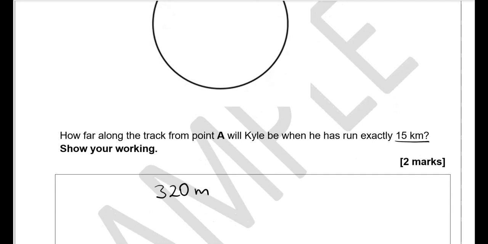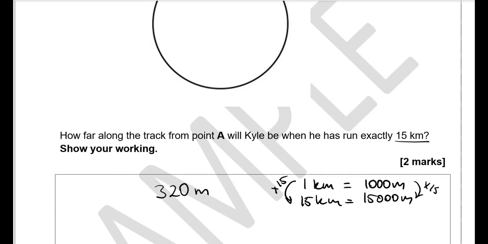So the 15 kilometers will convert to meters. 1 kilometer is equal to 1000 meters, so 15 kilometers will be equal to 15,000 meters. So how many 320s fit into 15,000? So 15,000 divided by 320 equals 46.875 laps.